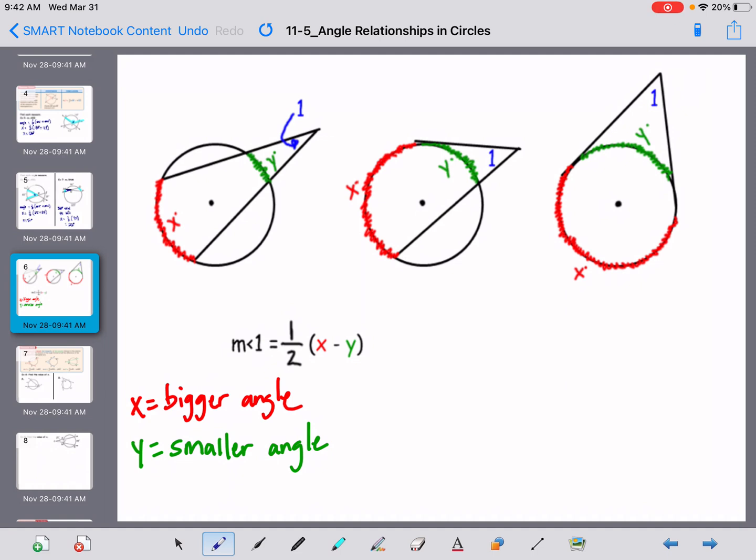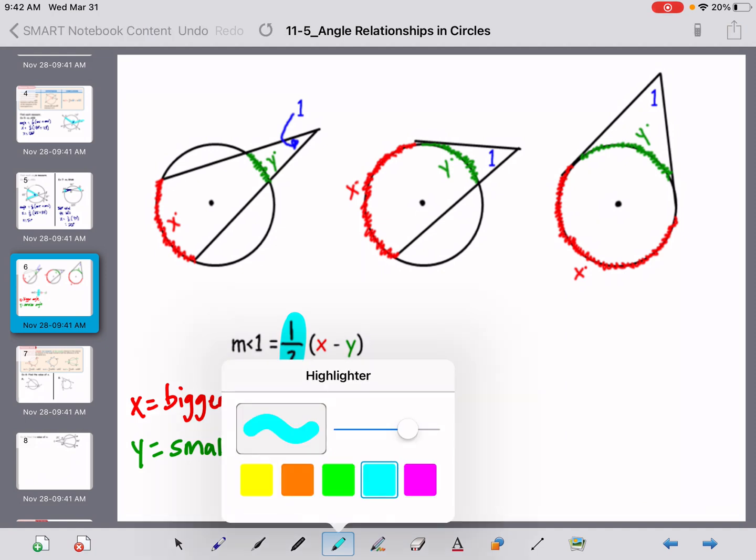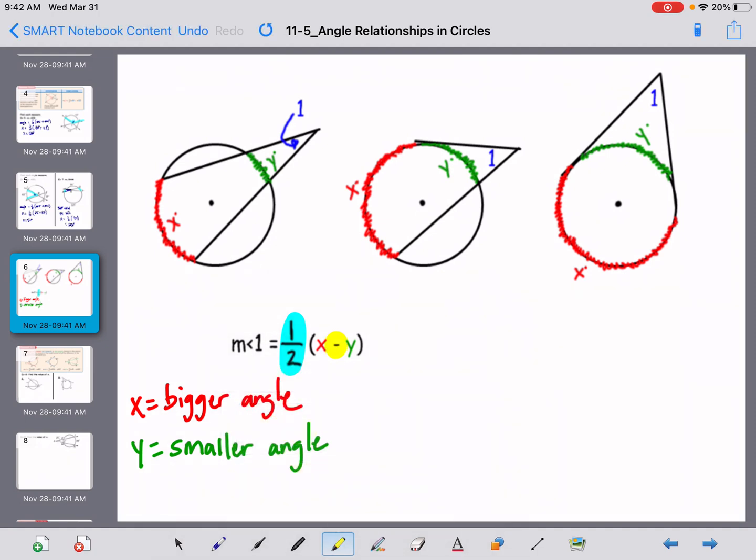All right, notice again, I got 1/2 of something. So the angle is going to be half, but this time, what am I doing? I'm not adding, I'm subtracting. Before, it didn't matter which order that you added, but when you subtract, it always makes a difference.